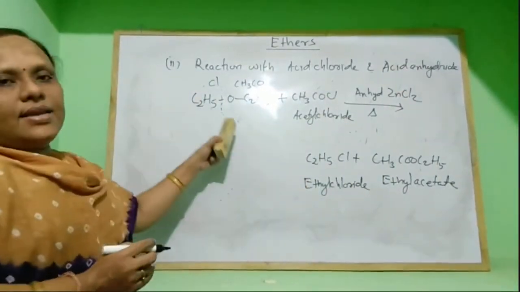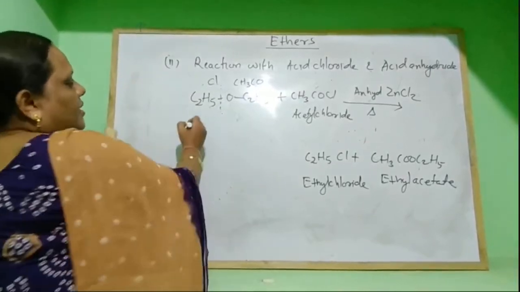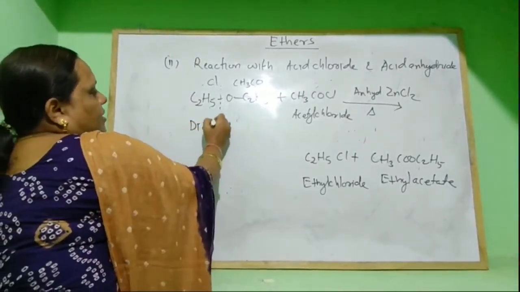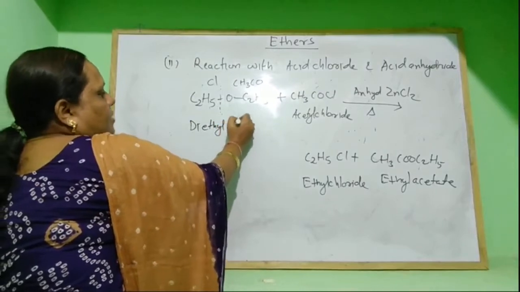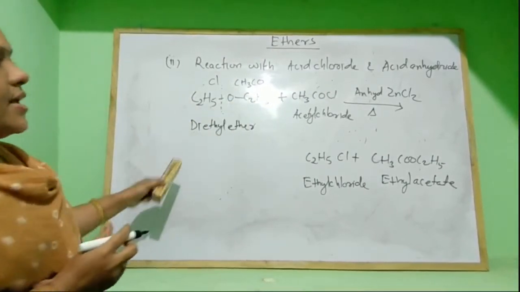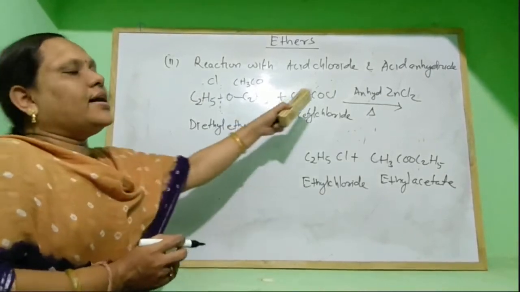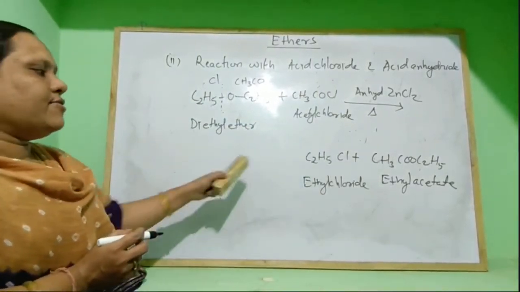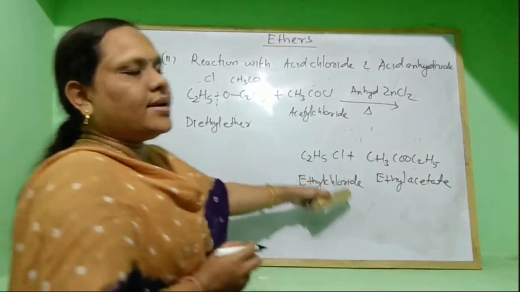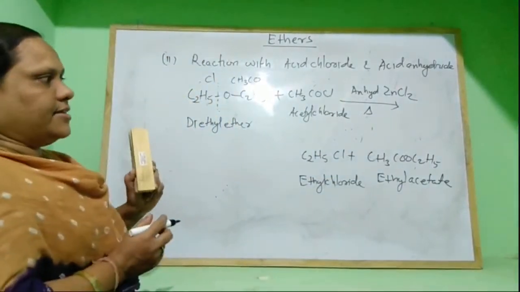When diethyl ether reacts with acetyl chloride in presence of anhydrous zinc chloride, it forms ethyl chloride and ethyl acetate.